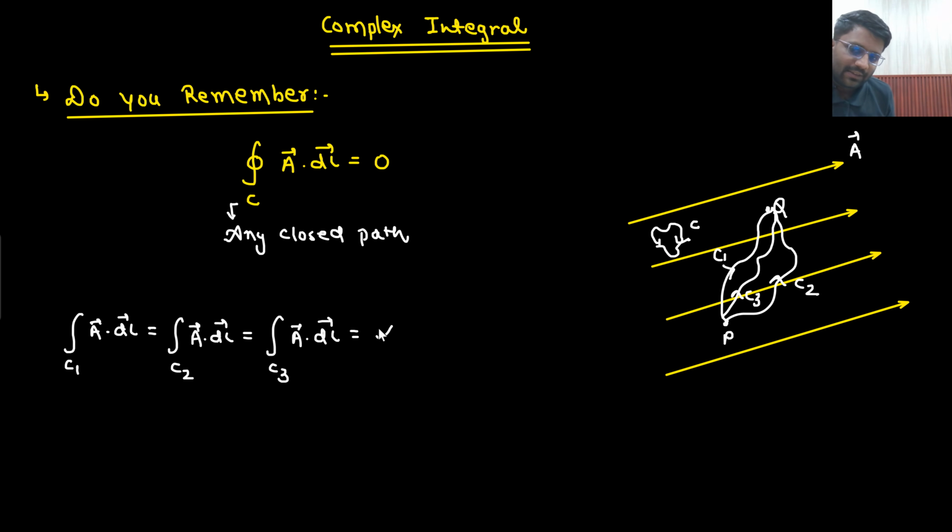Let us say that result is alpha. The integral of A dot dl from P to Q along C1, along C2, and along C3 all give the same result. That means moving from P to Q is path independent. You can move through any path and you will get the same answer. This is known as a conservative vector field.